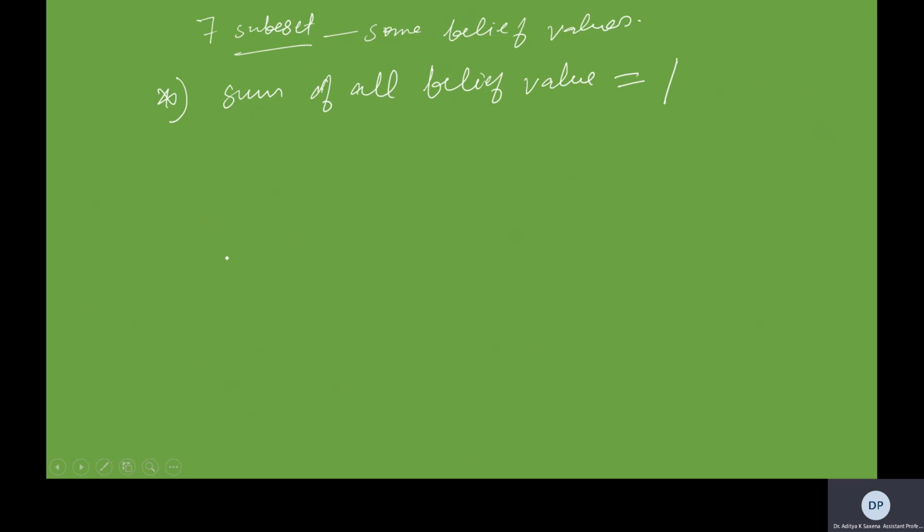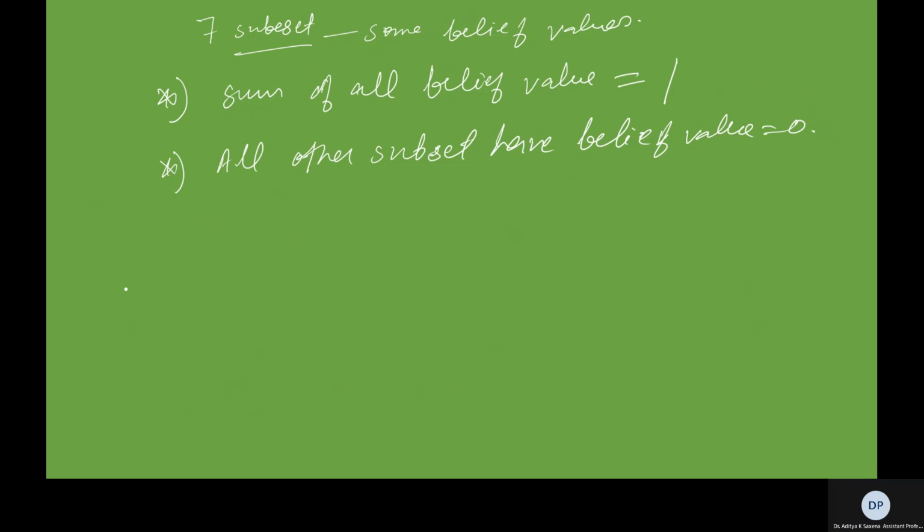You may ask what will be the belief values of all the other 9 subsets. All other subsets have a belief value of 0. Remember these 2 points: the sum of all belief values for a given hypothesis in the subset theta will always be equal to 1.